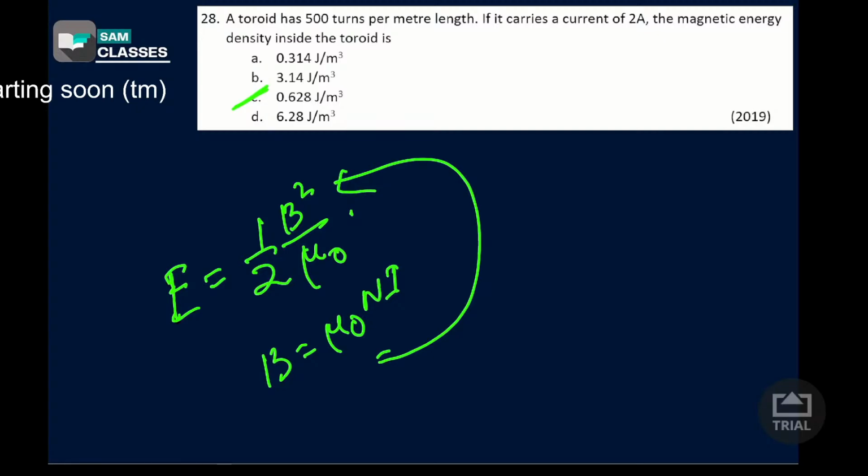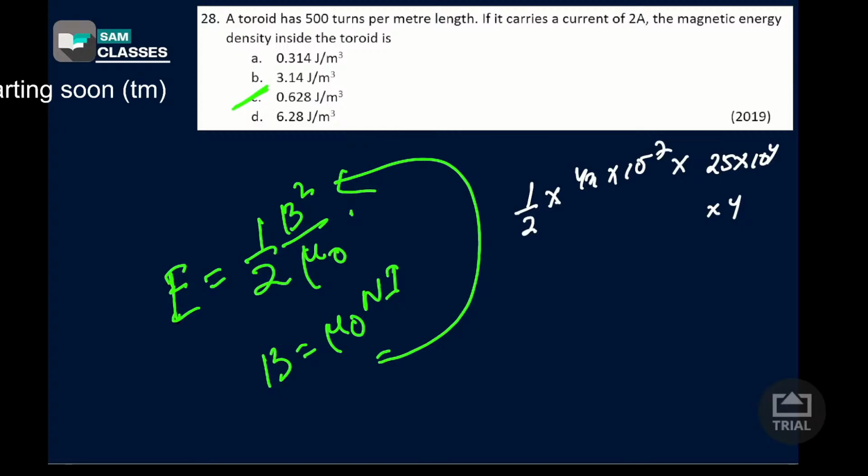See here. Half into 4 pi into 10 power minus 7 into, find it out. Correct. So what will you get? And B is equal to mu naught Ni.